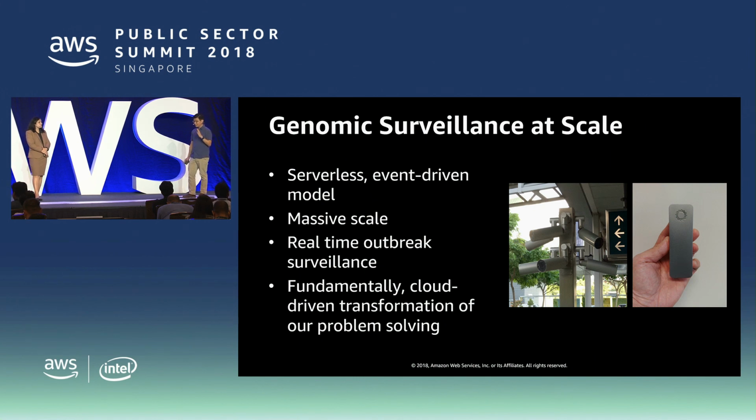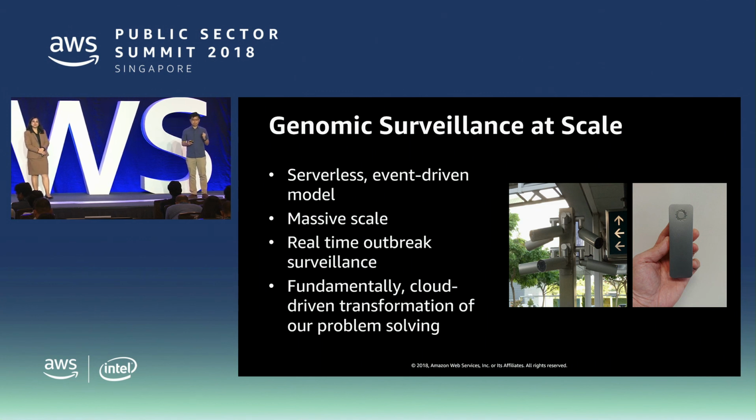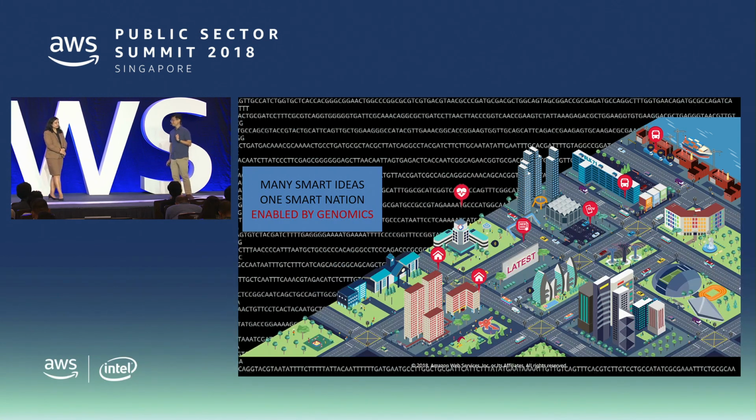But this is not even close to capturing the possibilities at this scale. If I were to squeeze all that possibility into a single slide, I would choose this one, which we should be very familiar with. We are public sector here, after all: many smart ideas, one smart nation, enabled by genomics.